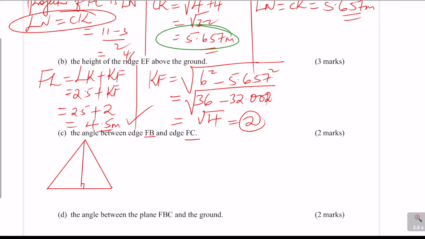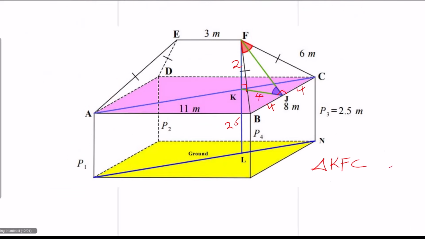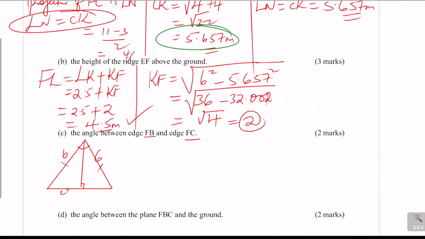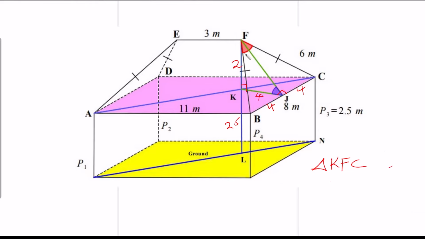We need to get this angle here. This is 6, this is 6, and the base is 4, 4. So I'm using this triangle FBC.